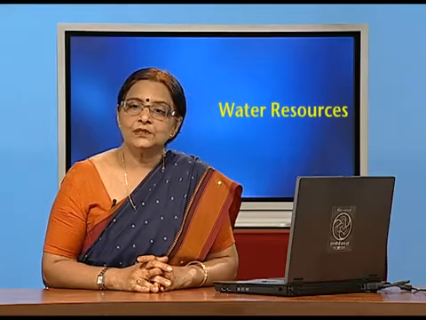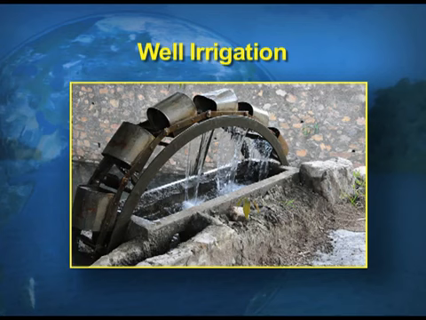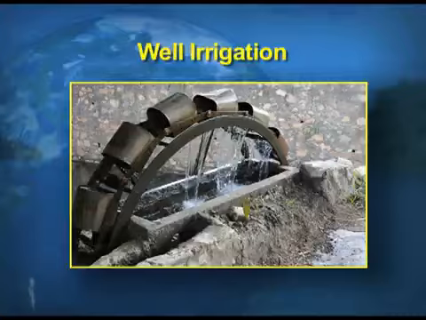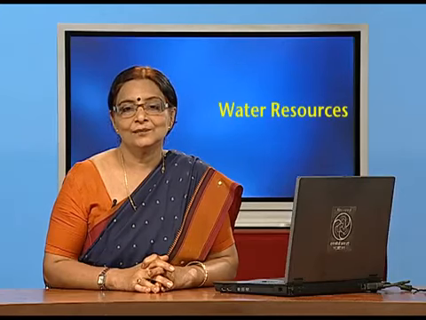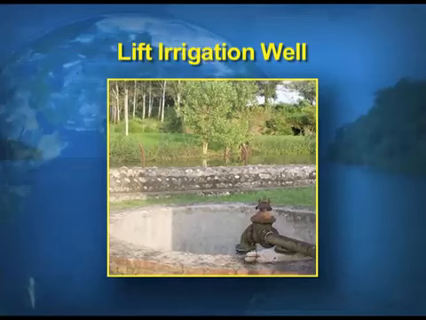Now this visual shows you the irrigation being done by wells. Though this visual shows a very remote means of irrigation, because nowadays this is almost not in practice, it shows lift irrigation through wells.